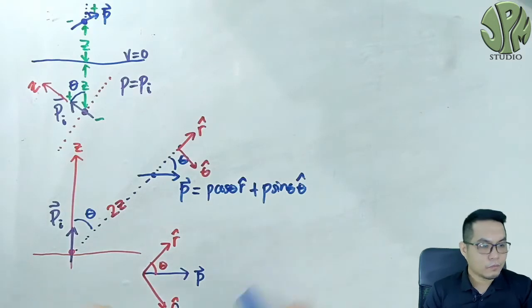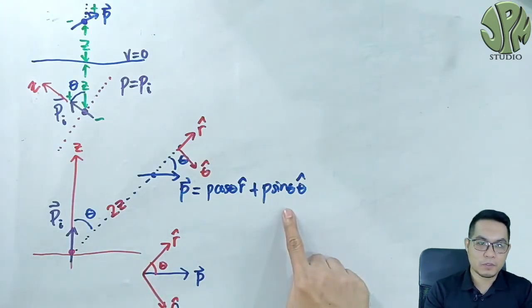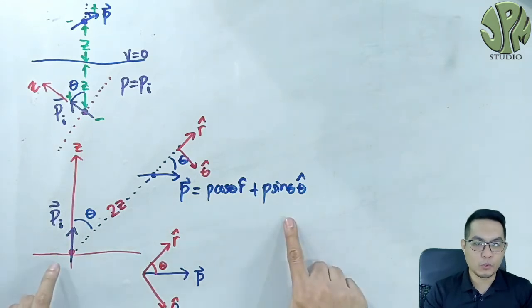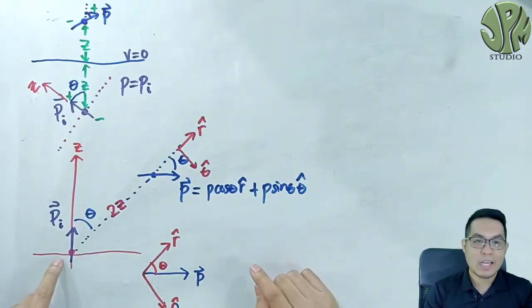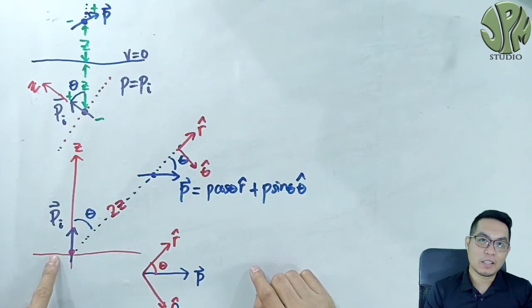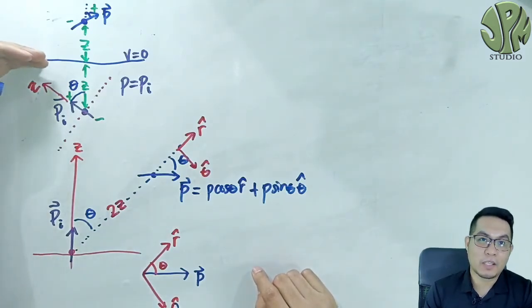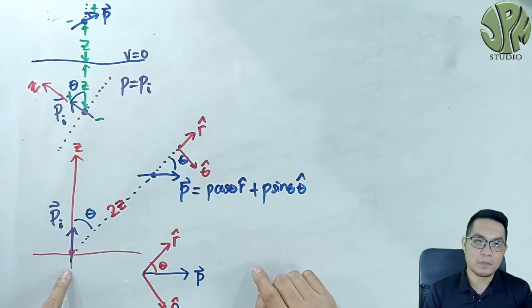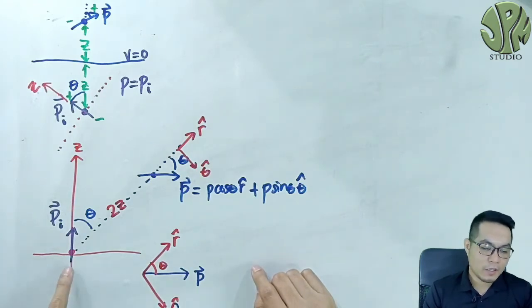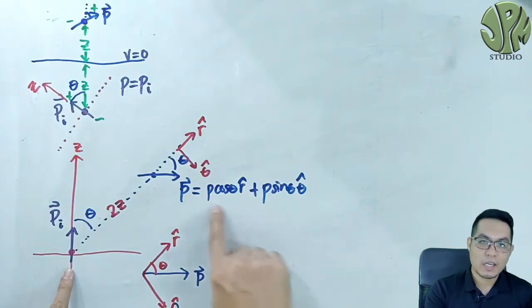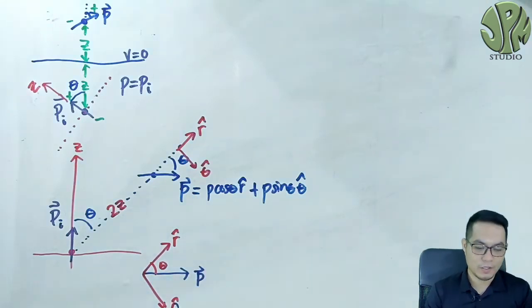So we're trying to find the torque on this dipole, and the torque on this dipole will be due to the electric field of this dipole here. So we now replace the grounded conducting plane by an image dipole. The electric field of this dipole will exert a torque on this dipole here.